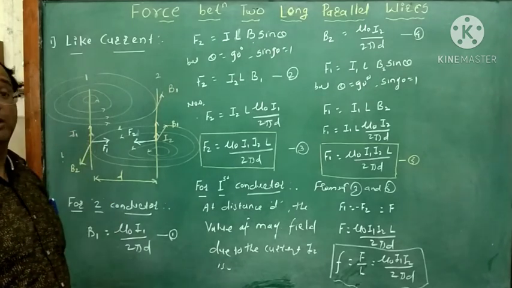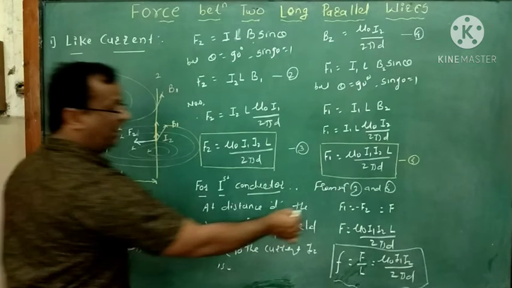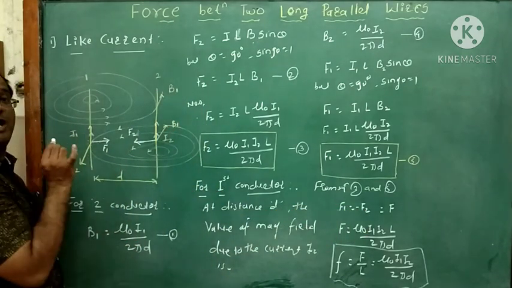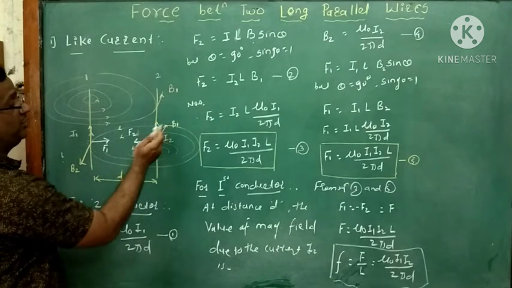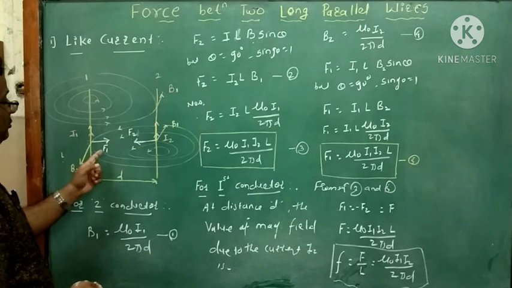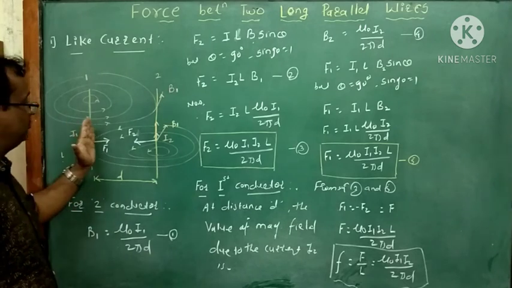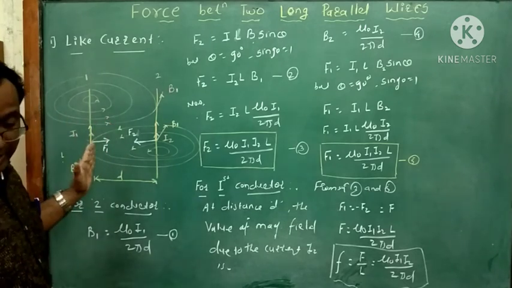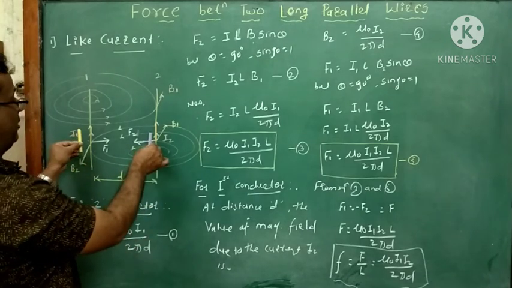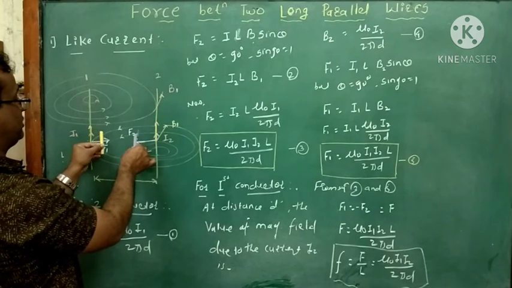Now we want to see the nature of the force. Here the magnitude of both the forces are same, only their directions are opposite. It means that due to this force, this conductor moves along this direction, and due to the force F1, the first conductor moves along this direction. So these two conductors which are parallel to each other move towards each other.